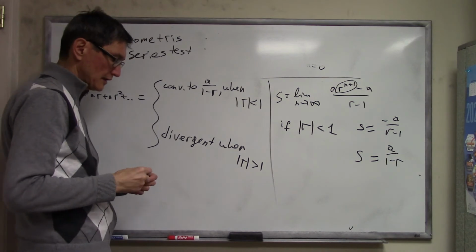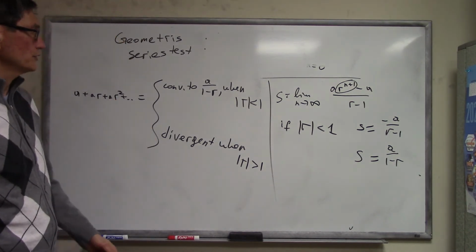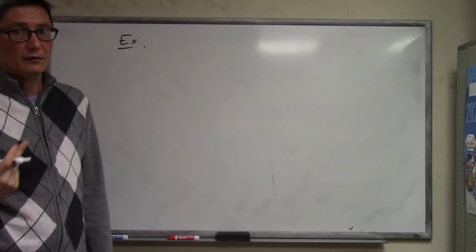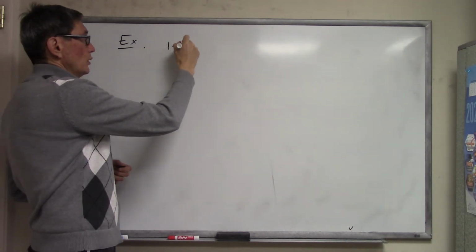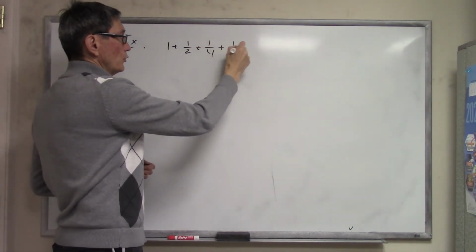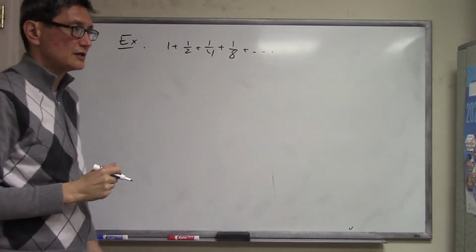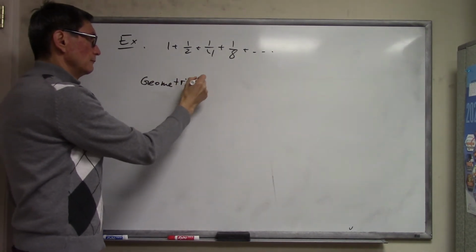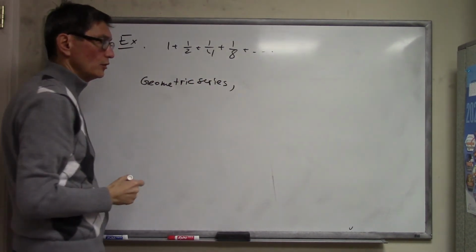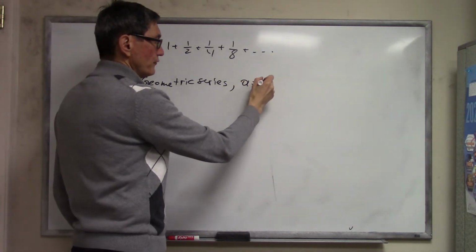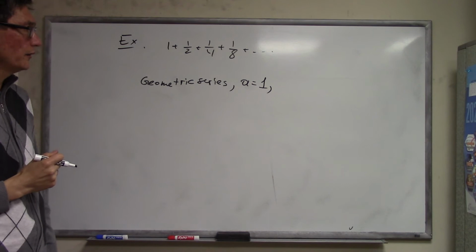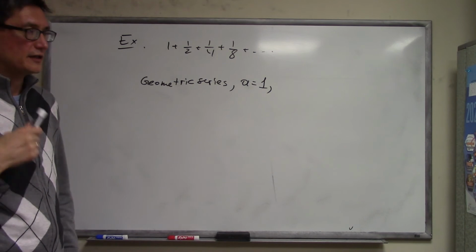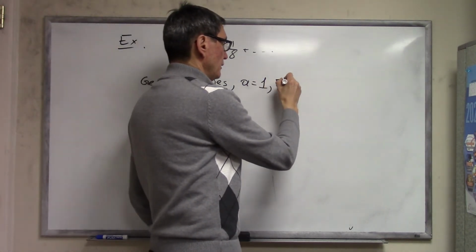So let me run example 2 to illustrate the geometric series test. If we look at the series 1 plus 1/2 plus 1/4 plus 1/8, we realize that it is a geometric series. We also realize that a, the initial term, is 1, and to get the next term we always keep on multiplying by 1/2, so r equals 1/2.